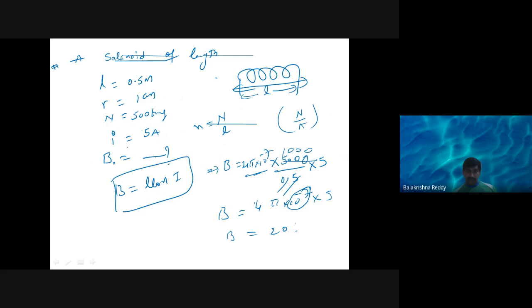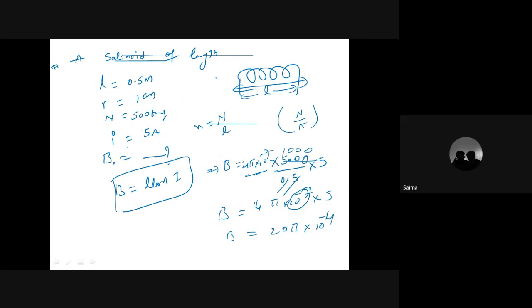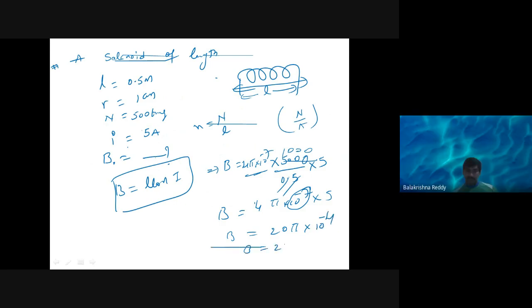So 25 into 10 to the power of minus 4. So that equals 2 pi into 10 millitesla.